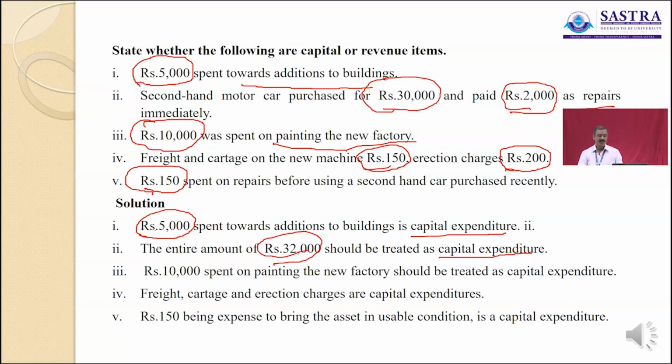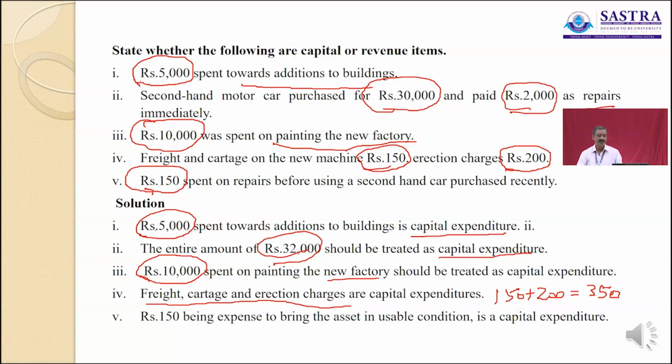Rupees 10,000 spent on painting the new factory should be treated as a capital expenditure because it is spent for the upkeep of the new factory. And freight, cartage and erection charges of 150 and 200, totally 350 rupees, are treated as capital expenditures.